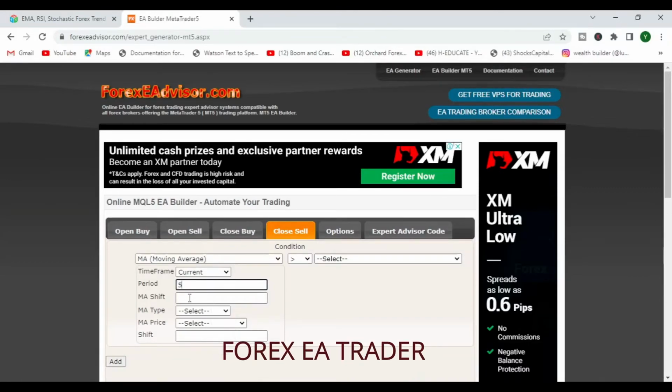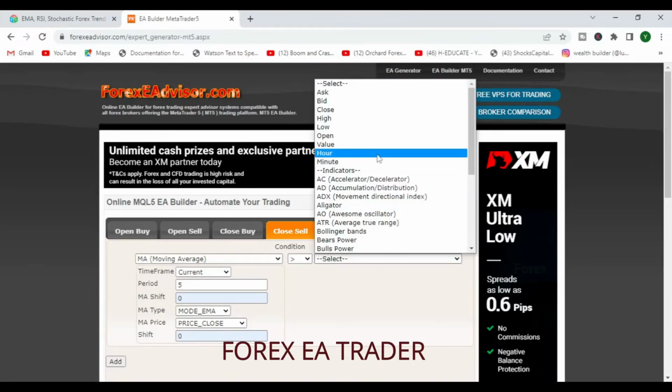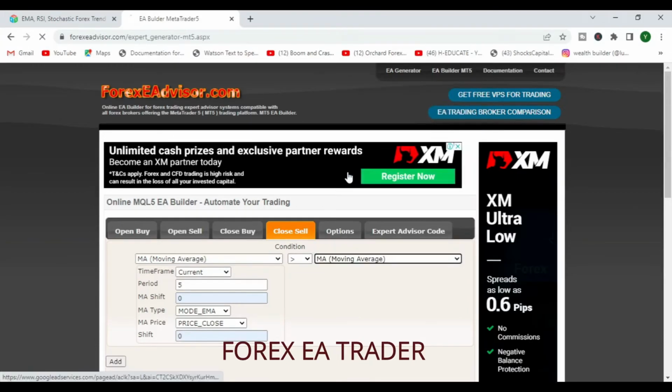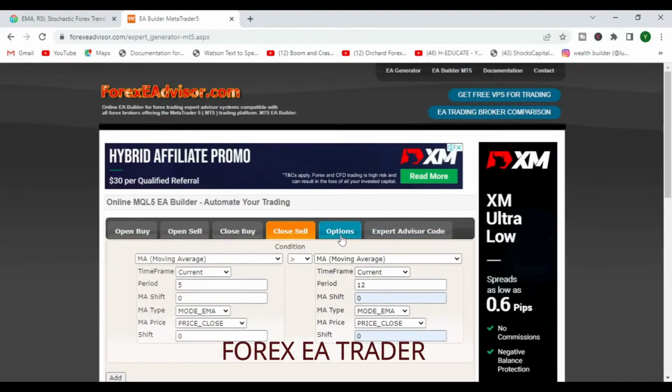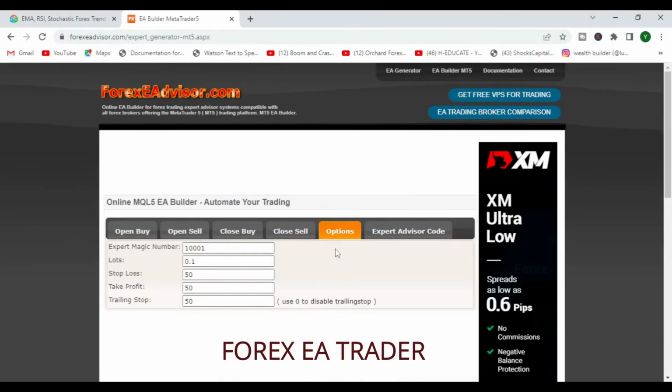So if the 5 goes above the 12, it's time to close those sells. We do that, trying to be fast. Go EMA, close 0. That's it.